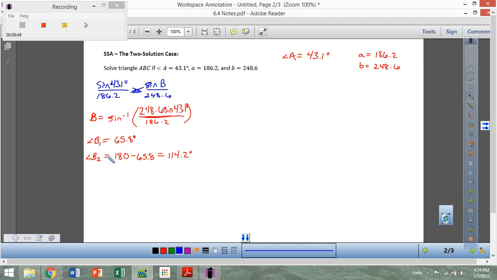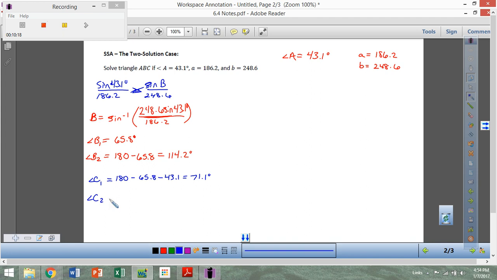So again, I'm going to do what I did with the last problem in saying that if angle B is 65.8, then angle C, and notice I'm going to use the same subscript with that one, angle C would be 180 minus angle B1, which is 65.8, minus angle A, which is 43.1, which would give me an angle measure of 71.1 degrees.